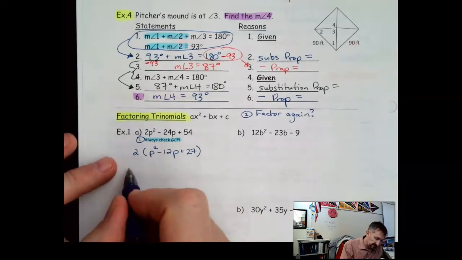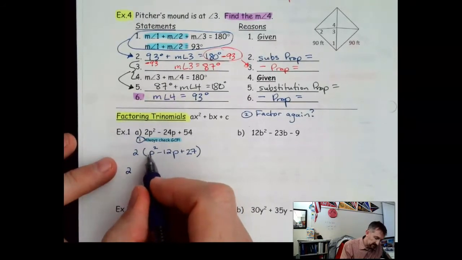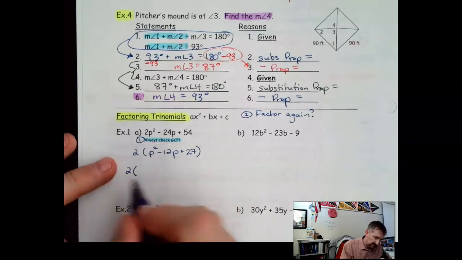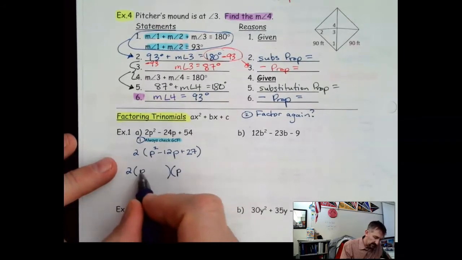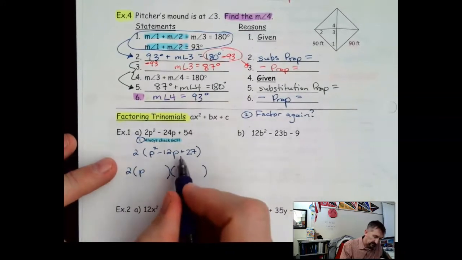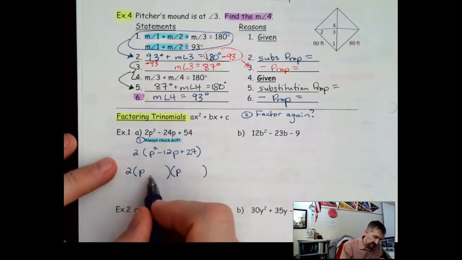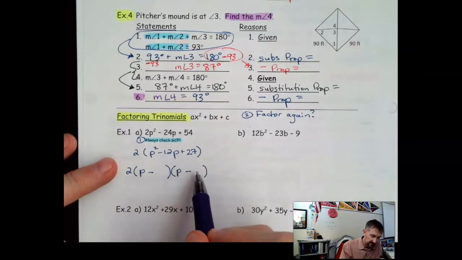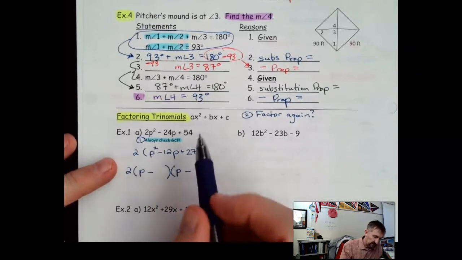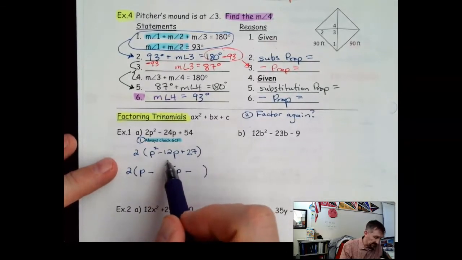Now you're going to factor this. Because A equals 1 now, because we factored out the 2, this is pretty simple. It's got to be P and P. This is positive. That's negative. That means both have to be negative in order for a negative times a negative to be a positive. And now I need factors of 27 that add up to 12.